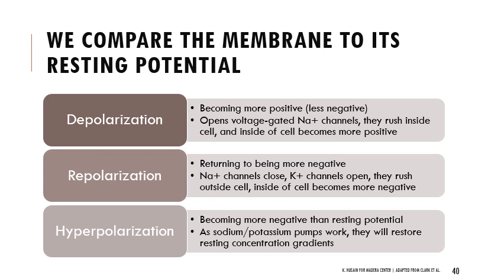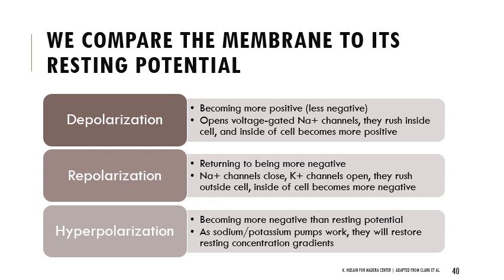When we depolarize to a certain point, we pass that threshold, and we start opening those voltage-gated sodium channels. Those sodium ions rush inside the cell, and the inside of the cell becomes more positive. That's a positive feedback loop in a sense. The movement towards depolarization opens up those sodium channels, and it's an even faster depolarization process.